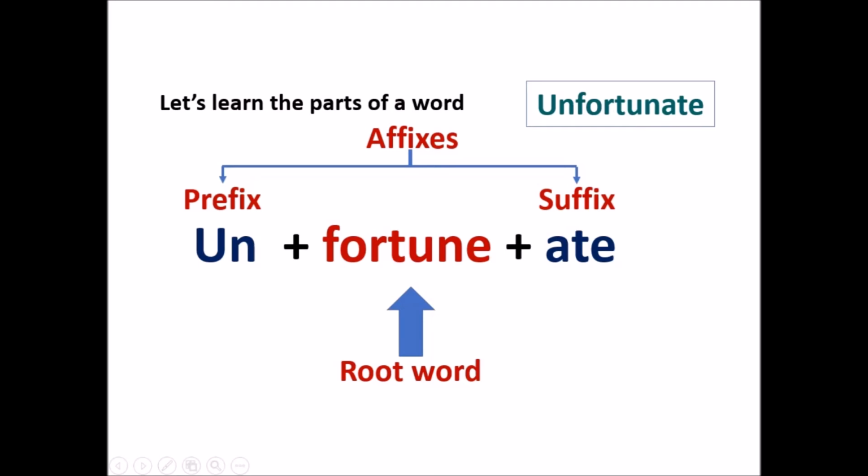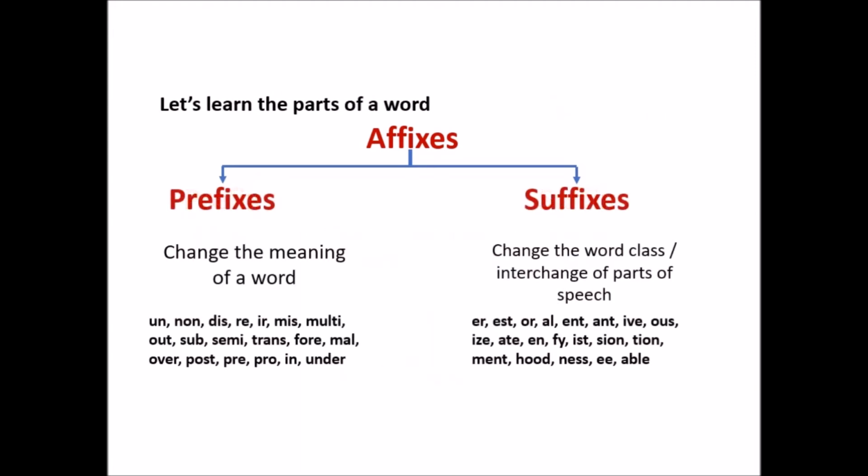So we have formed a new word by adding a prefix in the beginning of a root word or base word and a suffix at the end of a base word or root word. So if we know how to use prefixes and suffixes, we can form more words with the words we know right now. Let's see what a prefix does in a word.